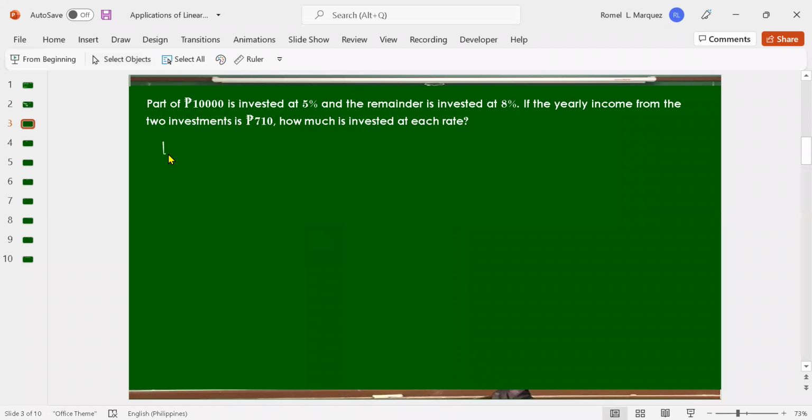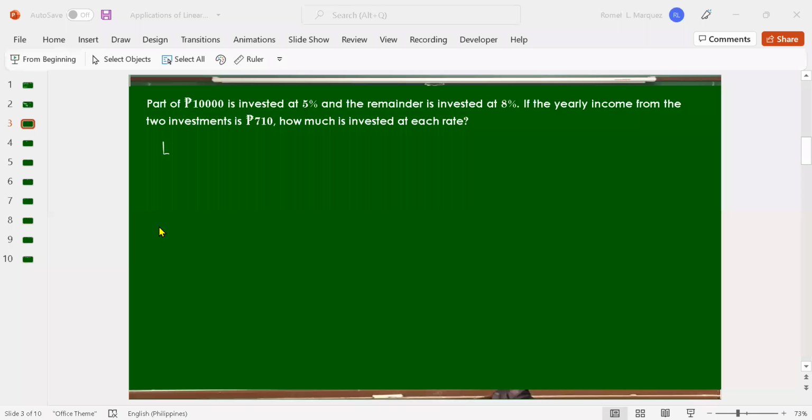Okay, again, let X be the amount invested at 5%.